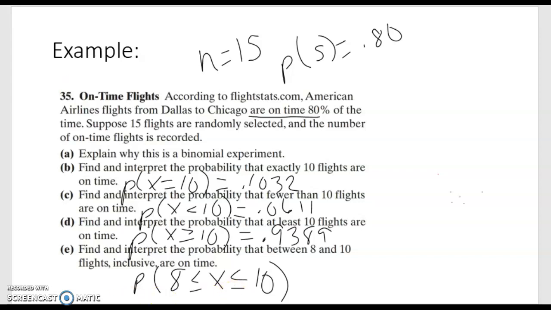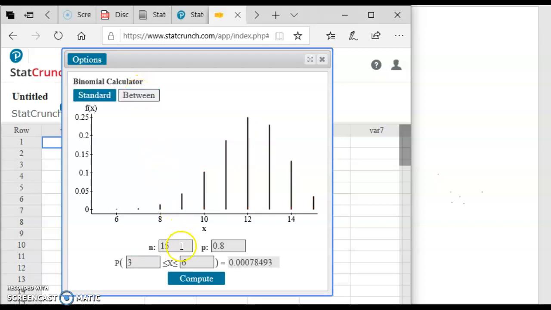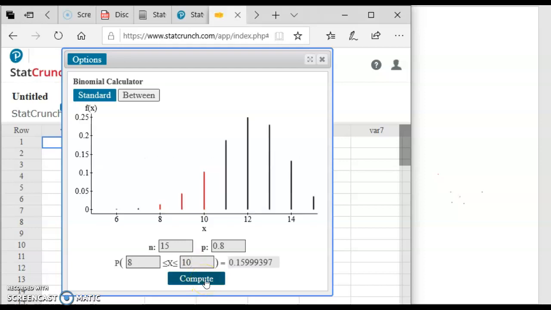And then to use StatCrunch, we're going to choose the between in the binomial calculator. Our N and our P stay the same. We want to be between 8 and 10. So this will compute the probability of 8 plus the probability of 9 plus the probability of 10. And we're going to get about 16%.